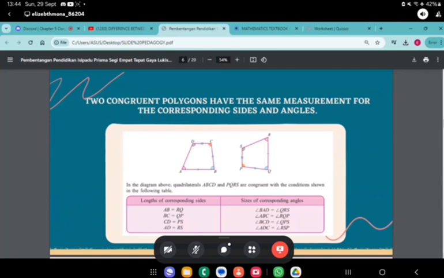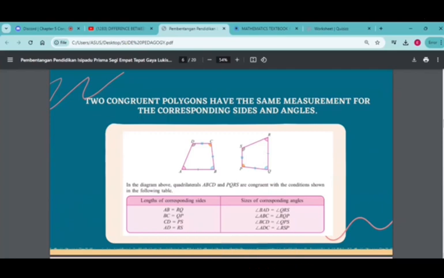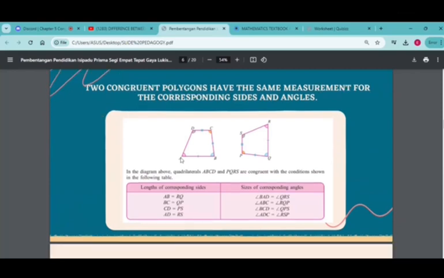Two congruent polygons have the same measurements for the corresponding sides and angles. The first picture is ABCD. The second picture is PQRS. In the diagram above, quadrilaterals ABCD and PQRS are congruent with the conditions shown in the following table.